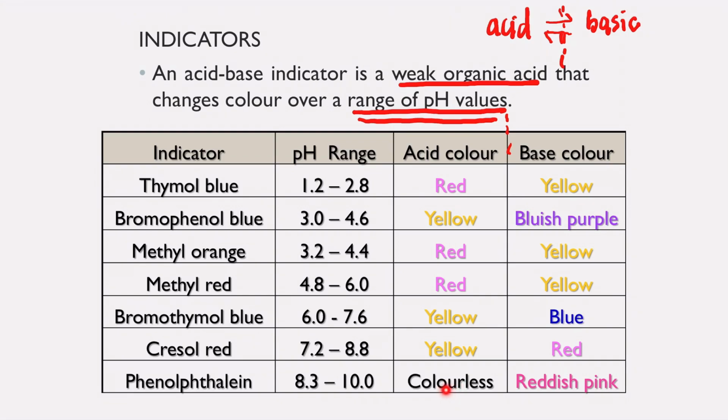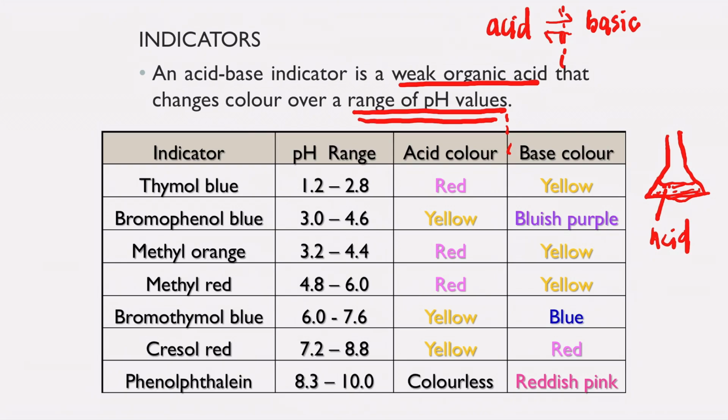solution, right? When your phenolphthalein is in an acidic solution, let's say HCl kan dalam awak punya conical flask ni. Okay, awak dah letak phenolphthalein. The colour of your solution is colourless, right? Okay, dalam ni ada acid.